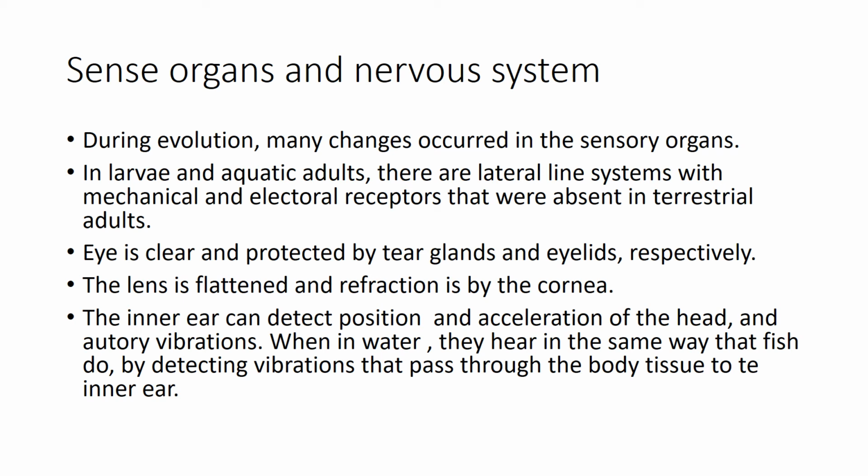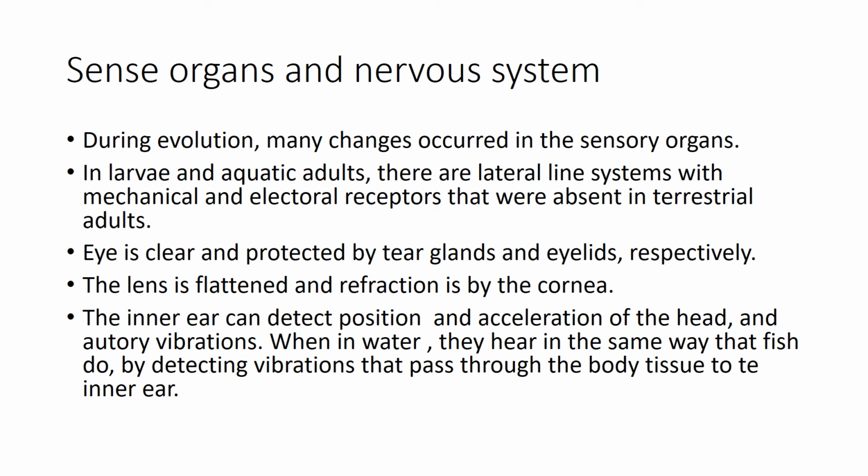So they had to develop advanced sensory organs and nervous system. During evolution, many changes occurred in sensory organs. In larval and aquatic adults, there is a lateral line system with mechanical and electrical receptors that were absent in the terrestrial adults.